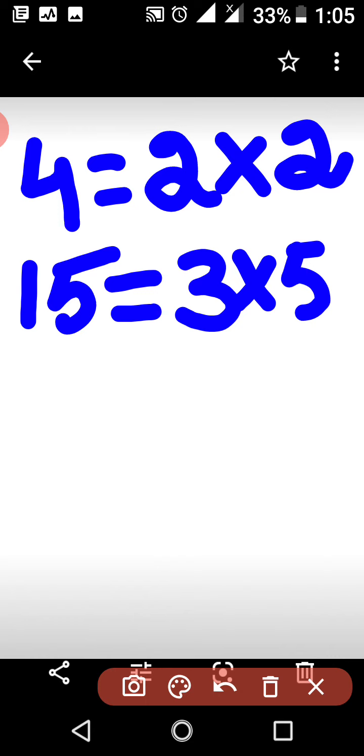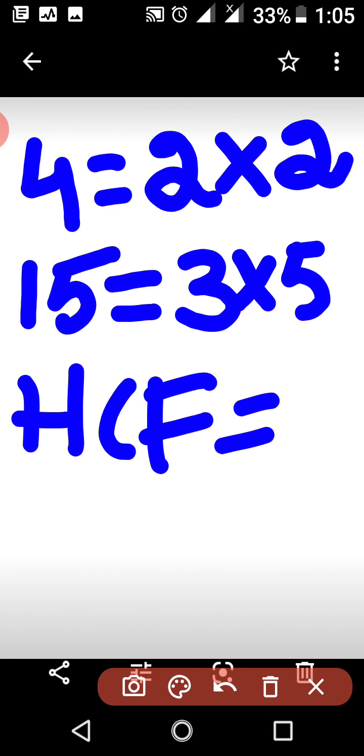For 4 and 15, there is no common factor, because 2 times for 4, and 3 and 5 for 15. Is there any common number here? There is no common number, means there is no common factor. Then why should we consider HCF as 0? Because 0 simply represents nothing, emptiness. So, shall we take HCF for both the numbers as 0?